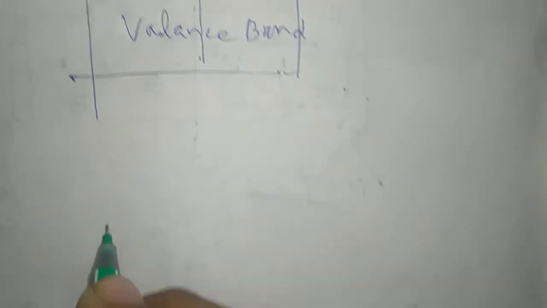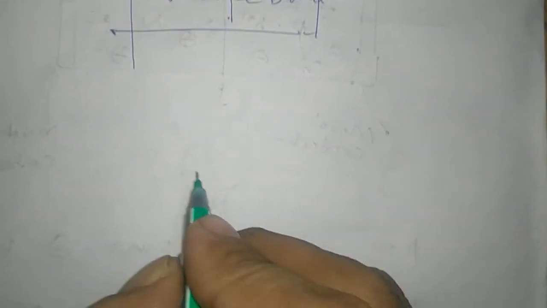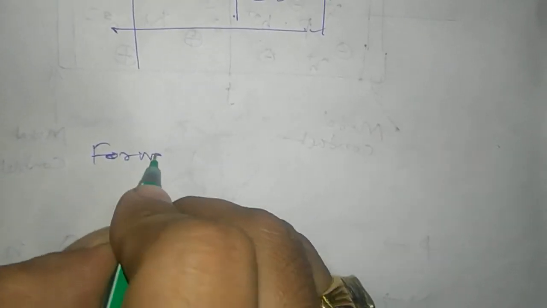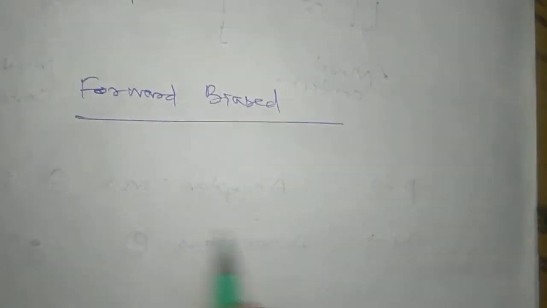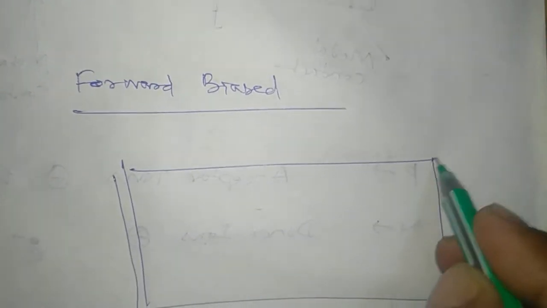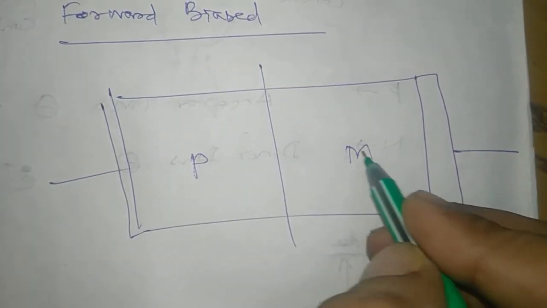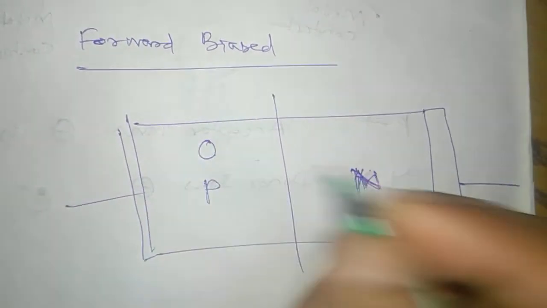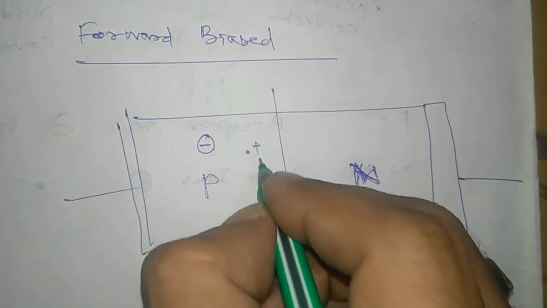So how does the PN junction act when it is forward biased? In forward biased condition, for the P region we simply make negative ions and one hole.